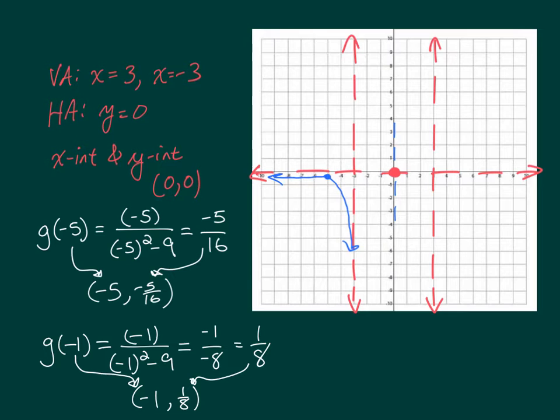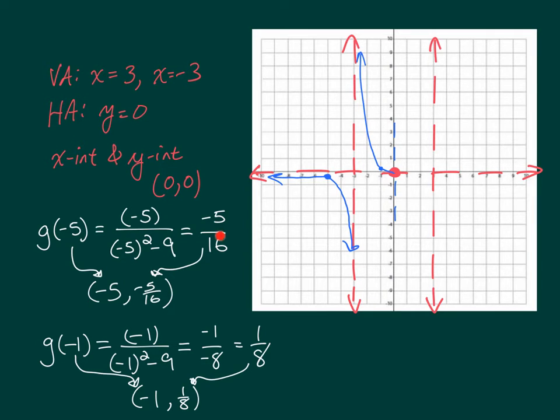That means when we go left 1, the positive 1/8 tells us to go up just a little bit. Maybe right there. What that tells us is if the graph is between this vertical asymptote and this x-intercept, it will be above the horizontal asymptote. So it'll look something like this. And we know that we have to touch that x-intercept, so I drew the graph all the way over to the x-intercept.